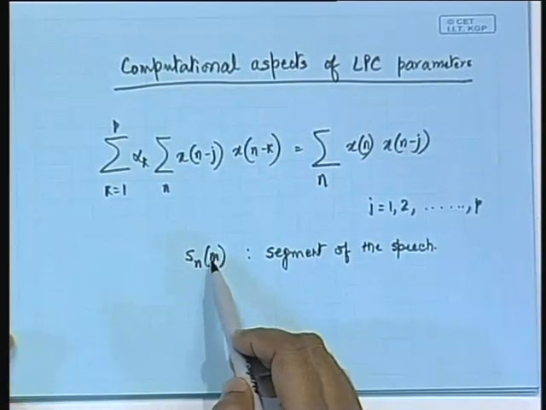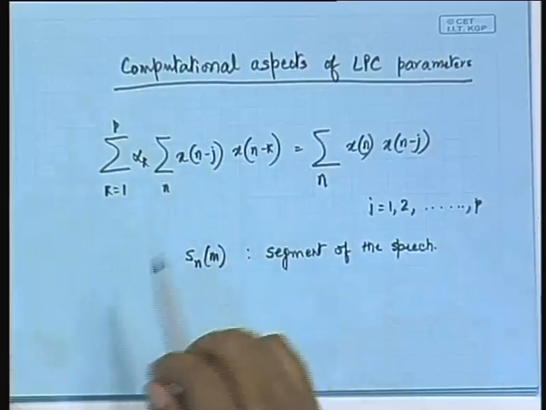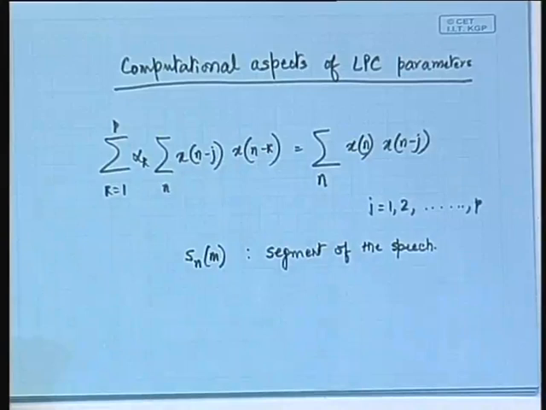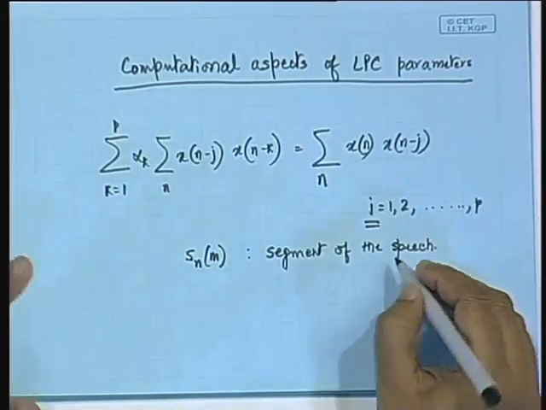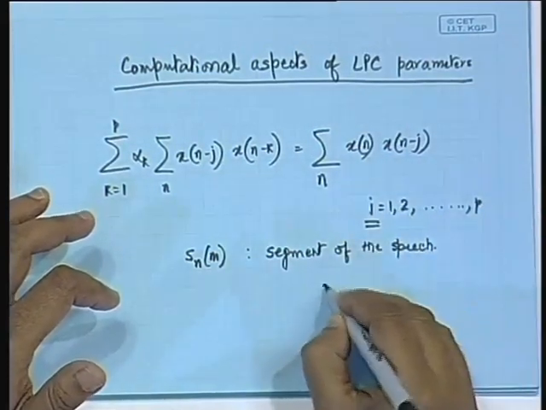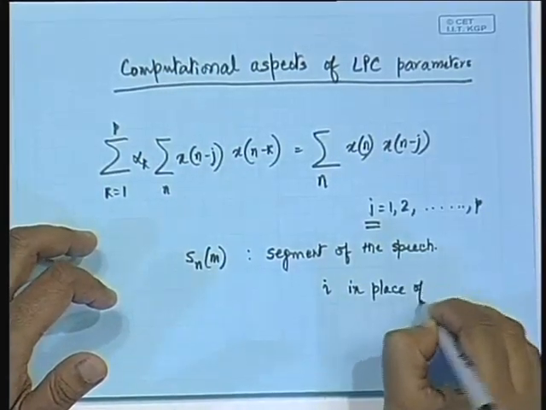Instead of writing in terms of x, we write it in terms of s, and instead of j as an index, we use i in its place.